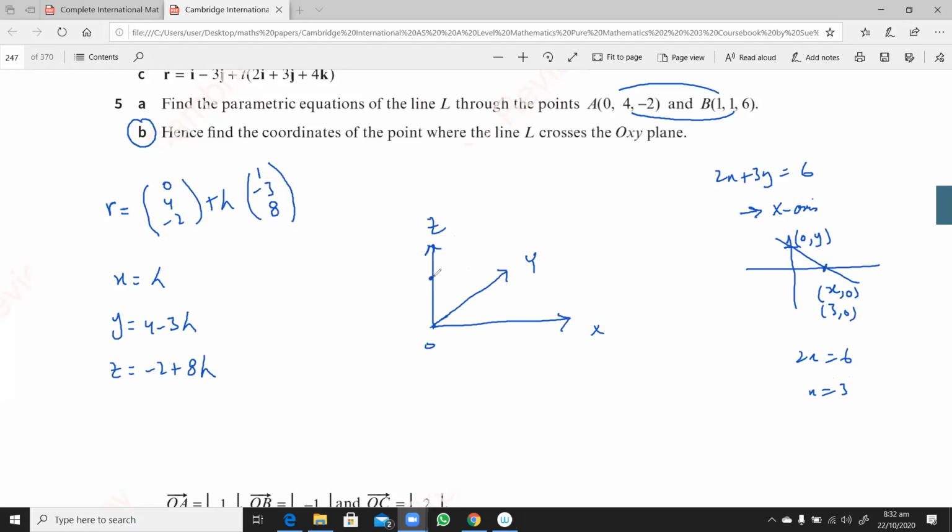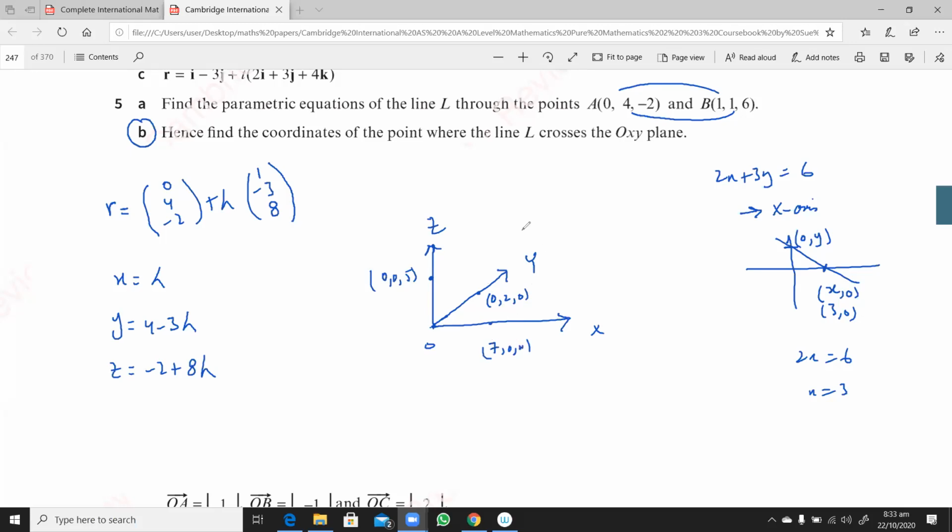Any point over here would be something like 0 comma 0 comma 5. A point over here will have the x and z coordinates 0, so this can be 0 comma 2 comma 0. Any point over here would have the y and z coordinates 0, let's say 7 comma 0 comma 0.